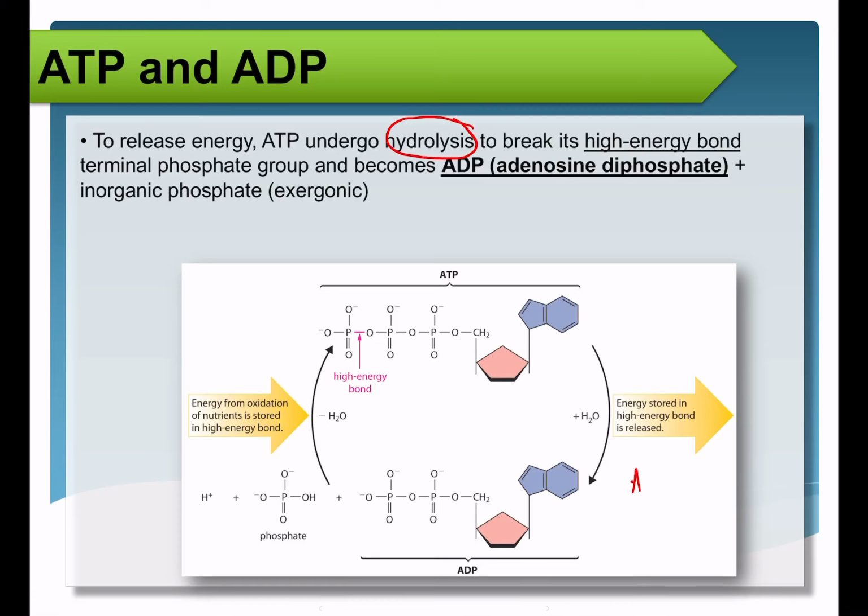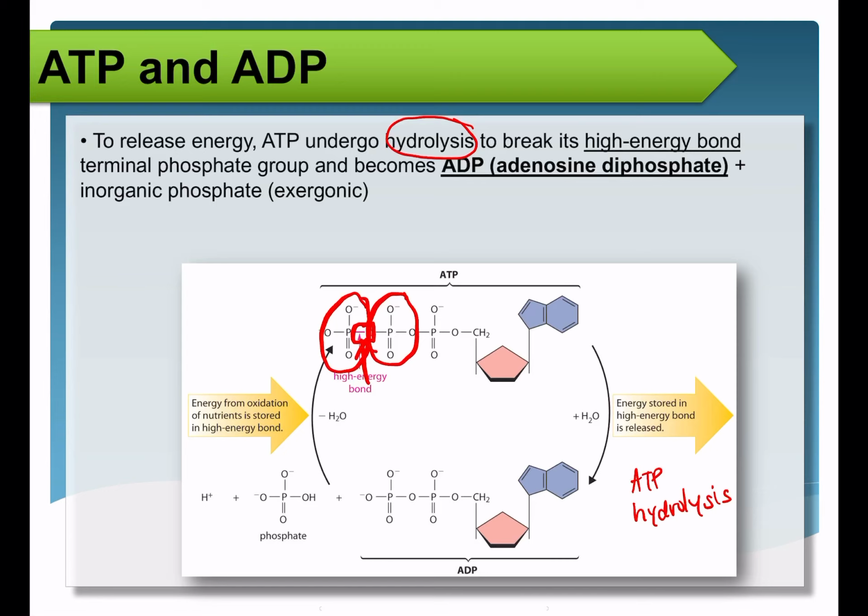And that means, remember, hydrolysis is for breaking bonds. Okay, so we're breaking that ATP bond between the terminal phosphate and the second phosphate. This right here is that high energy bond we're going to have to break in order to release energy.